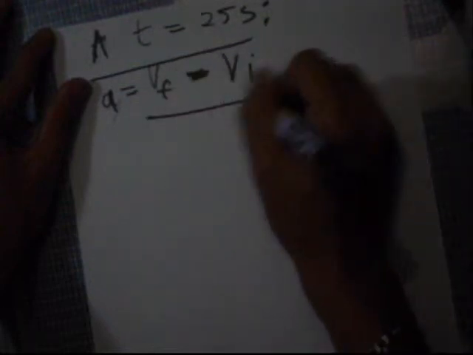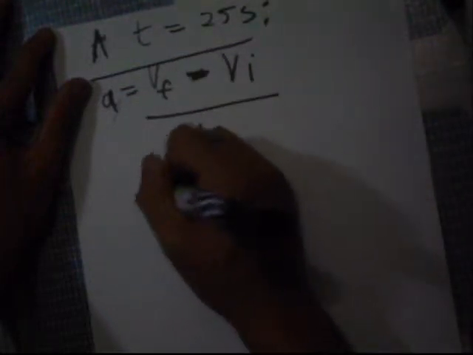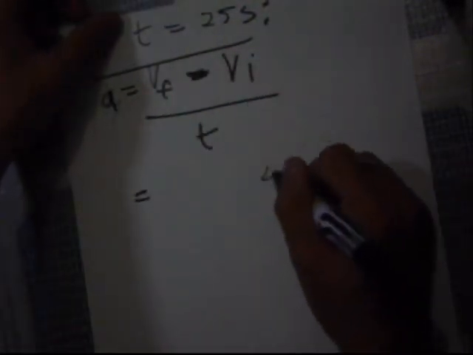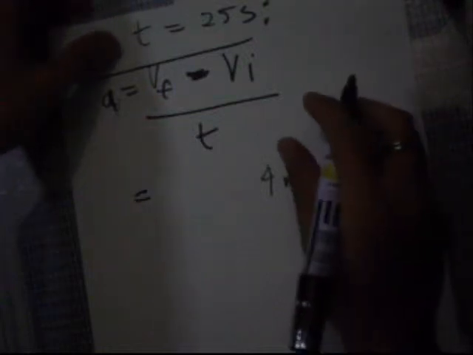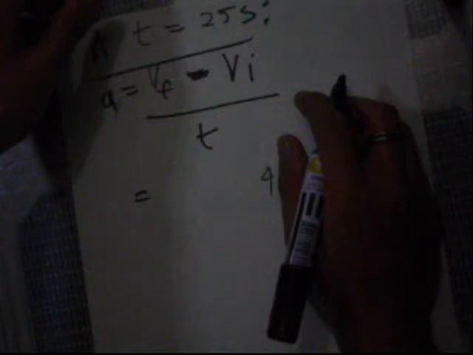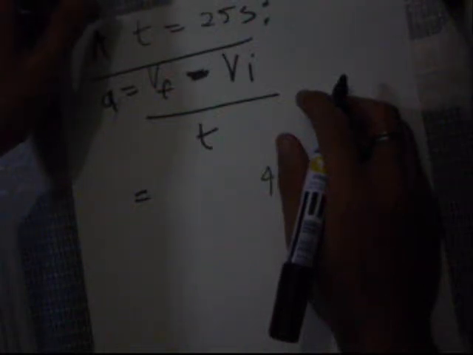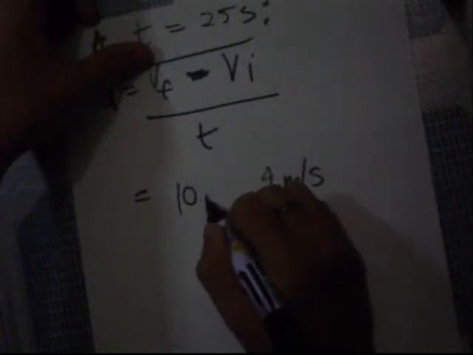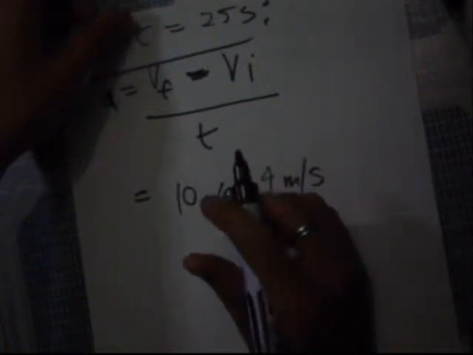Okay, acceleration is equal to Vf minus the initial velocity over time. The initial velocity was 4 because it's the starting point, as you can see in the graph. And the line next to it, the inclined one, ends at 10 meters per second. So that would be our final velocity.